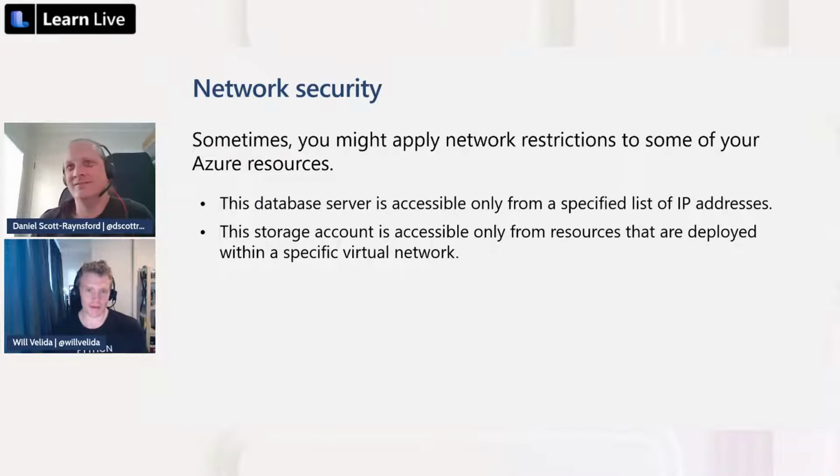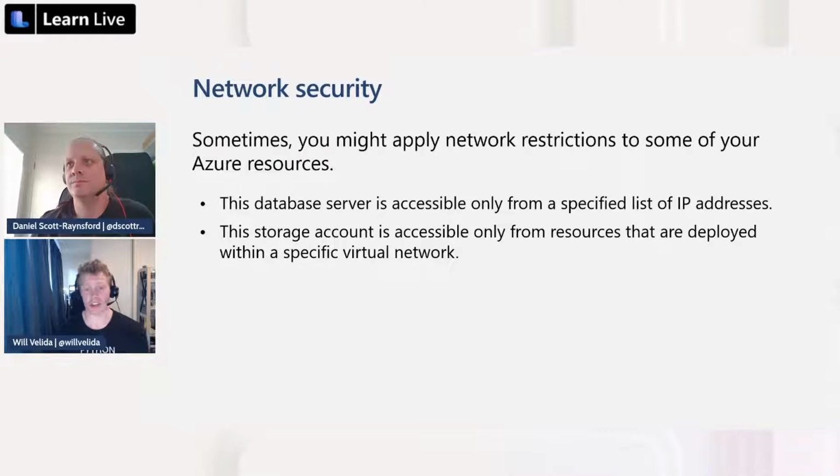Sometimes when we're working within our Azure environments, we're going to have network restrictions applied to our Azure resources. These restrictions can enforce rules about requests made to the data plane of our resources. For example, the database server that we deploy can only be accessible from a specified list of IP ranges, or the storage account is only accessible from resources that are deployed inside a virtual network.